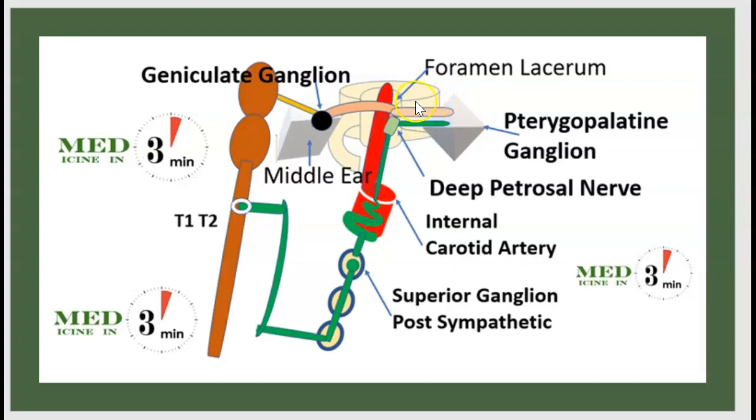Both of them constitute the VII nerve to go to the pterygopalatine ganglion.